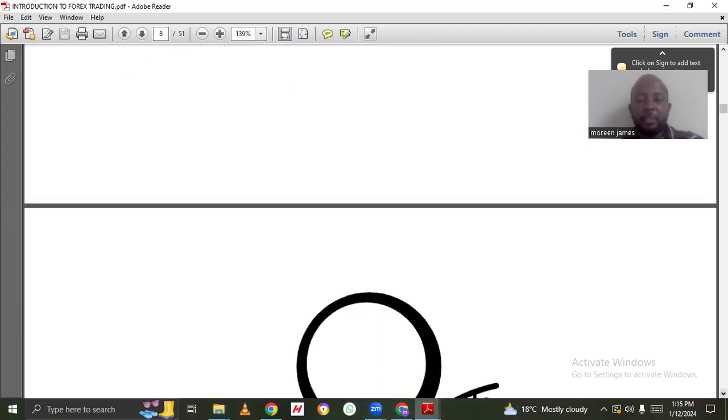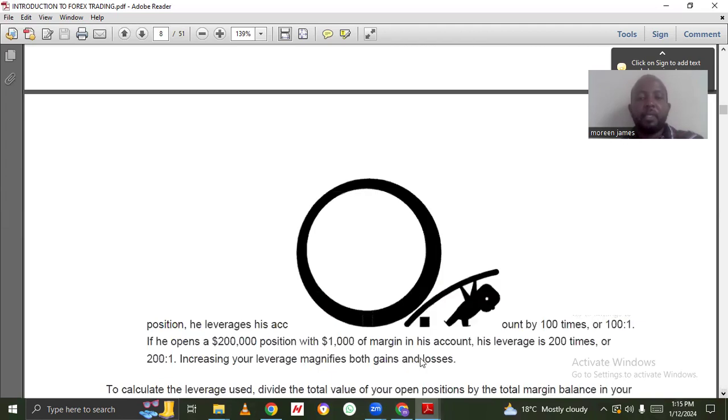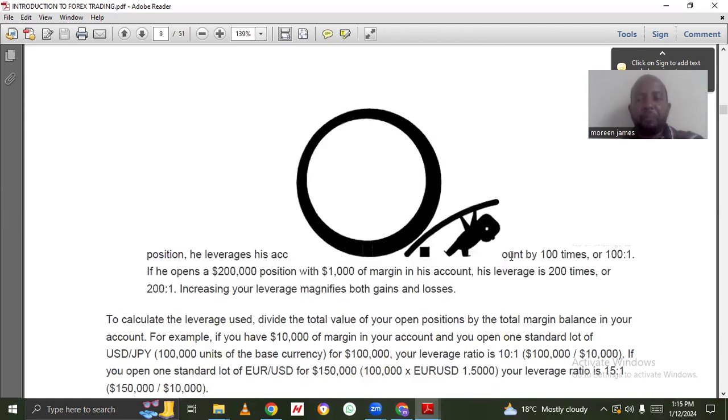Leverage basically is being able to open a position greater than your account balance. Does that make sense? If I have $1,000 but I want to open a position of 100,000 units, which is one lot, I will need to have more leverage.